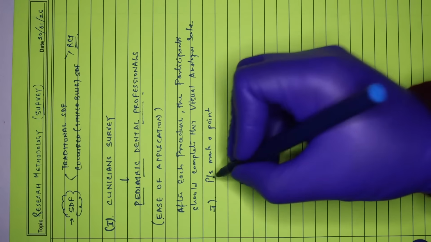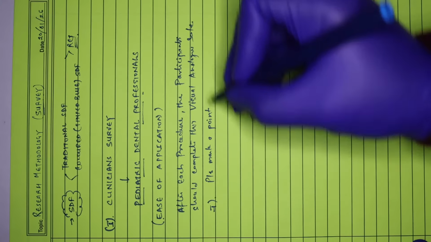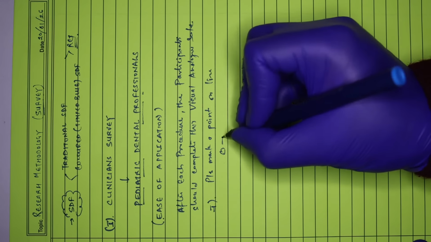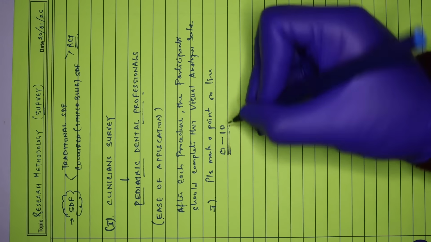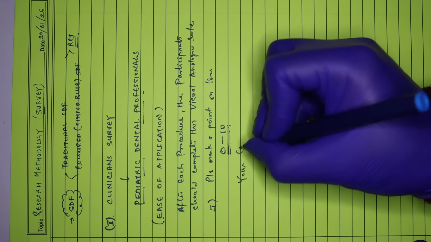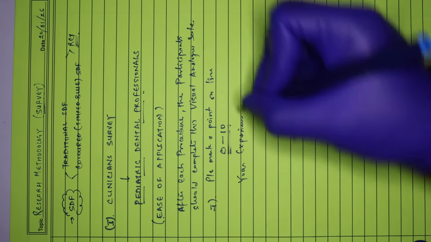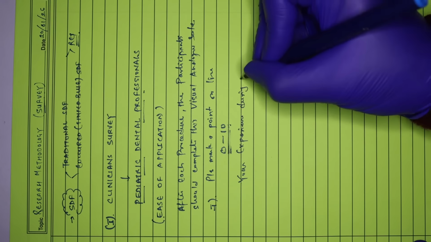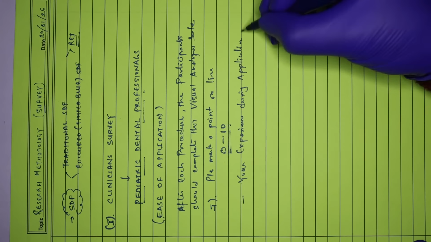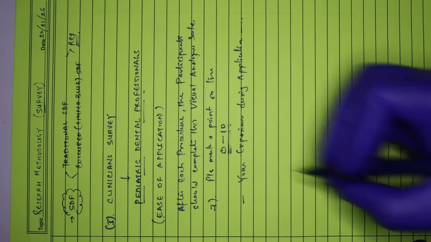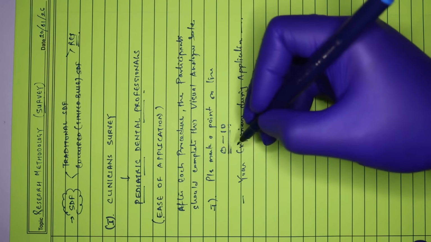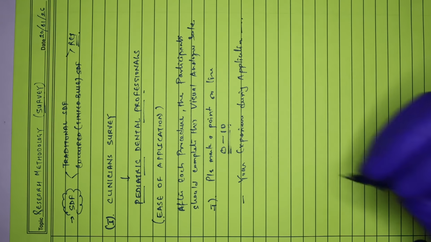The first point, we are asking these dental professionals, please mark a point on a line of 0 to 10 that best represents your experience during application. Okay, so 0 to 10 is your ask from the pediatric dental specialist, that they mark the points following the questions that you are putting forward.